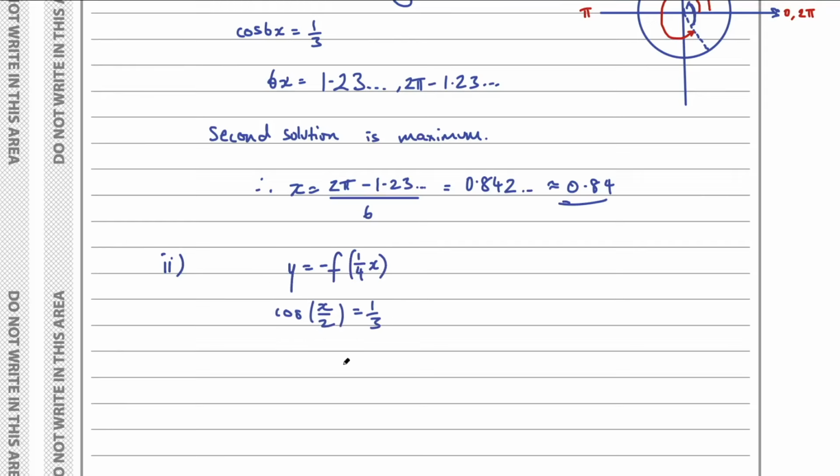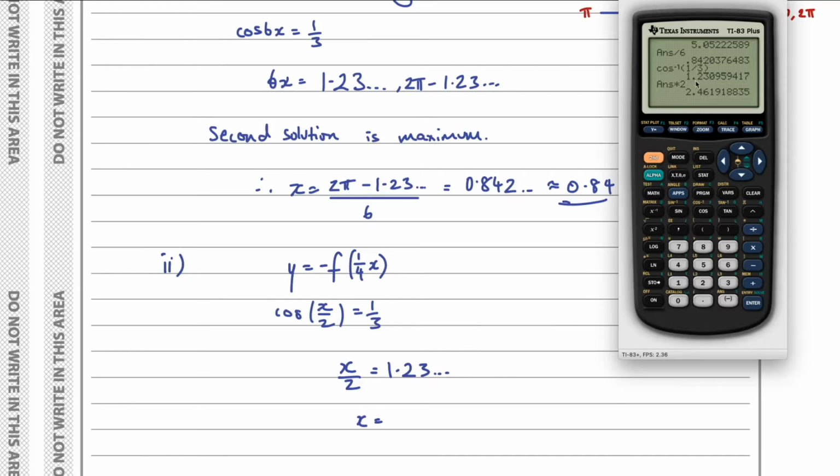So then we can say x on 2 now equals the inverse cosine, which we've already found to be 1.23, and so on. And again, because we're looking for the first solution, we don't have to worry about all this unit circle stuff. We can just say, well, we know this is the first solution. To multiply that by 2, we'll have our solution for x.